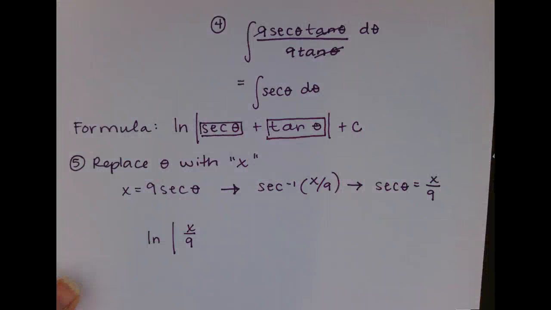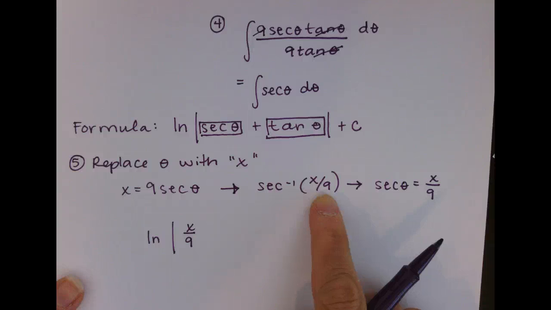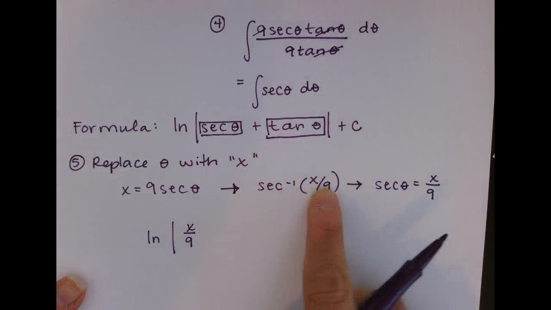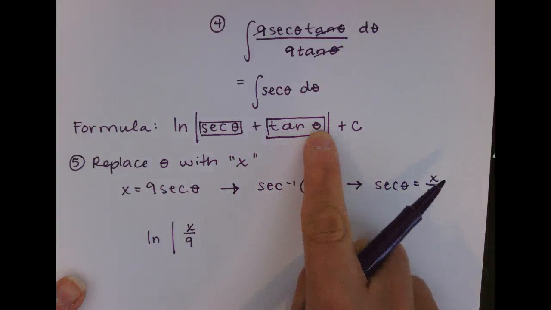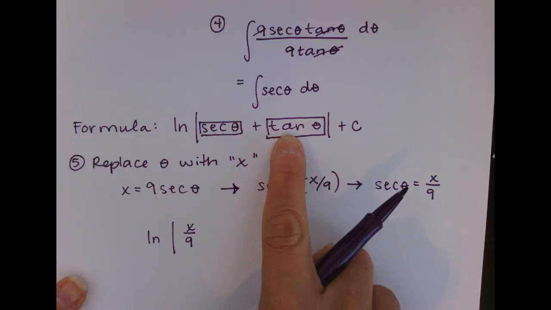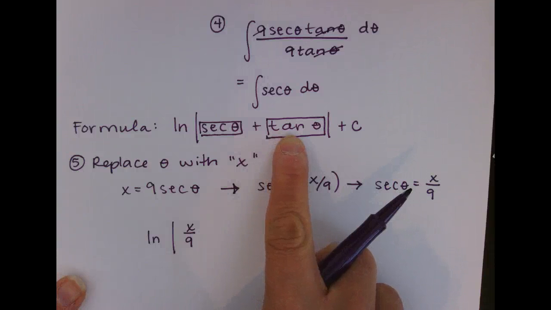Here, we want to figure out what the tangent of theta is. So we could do something similar to what we did in the last example, where we take the inverse secant of x over 9 and we plug it in for theta, and then we draw a triangle to figure out what the tangent ratio would be for that same angle.